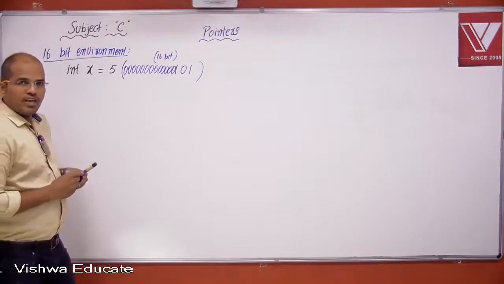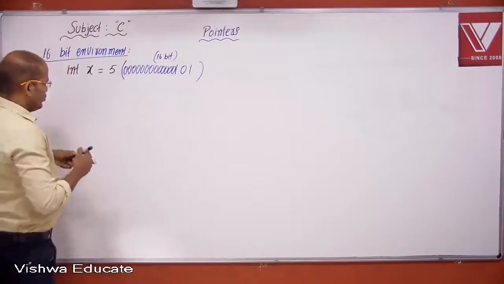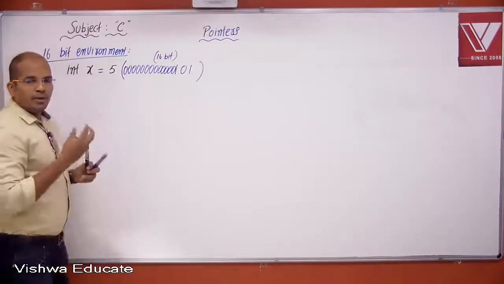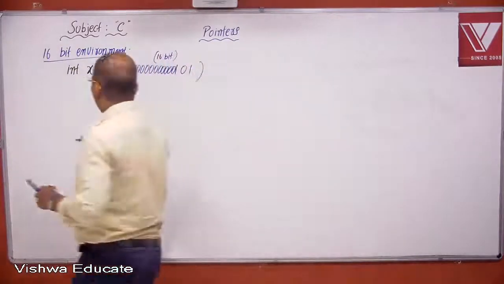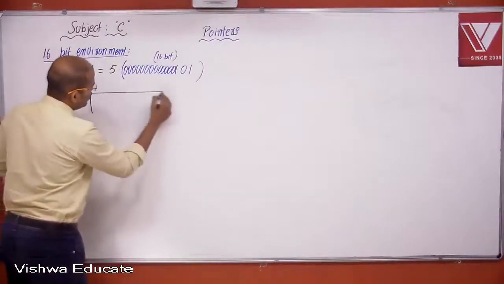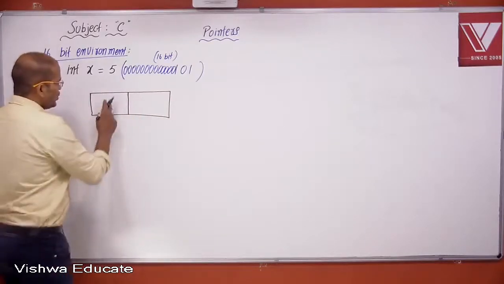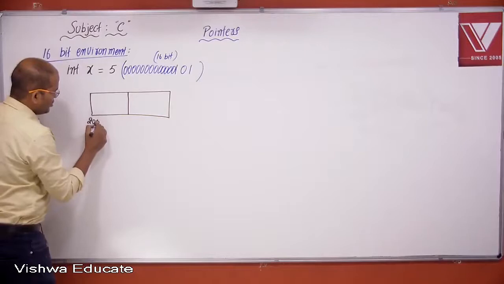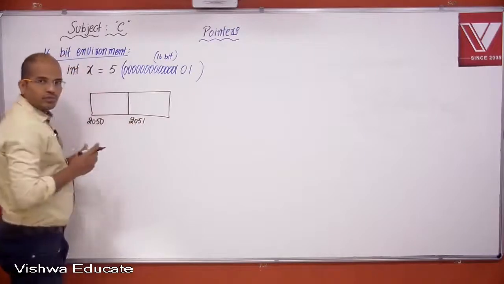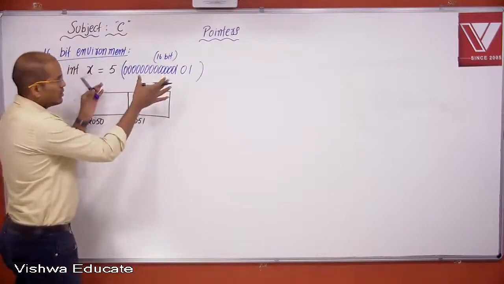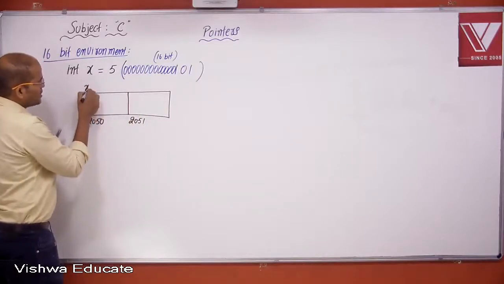So this is where we start. When I say int x is equal to 5, this is some data. And so when you say int x is equal to 5, the compiler looks for 2 bytes which are free enough. So assuming that my compiler found 2 bytes which are free, the address of byte 1 is 2050. The address of byte 2 is 2051. And we need to store this data in these, and 2050 and 2051 are associated to x.